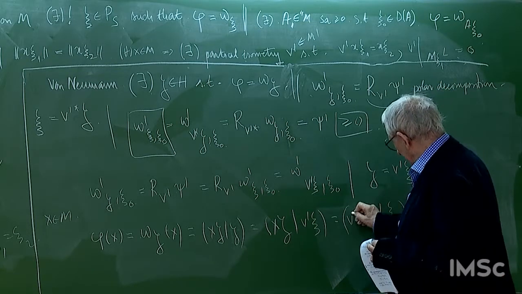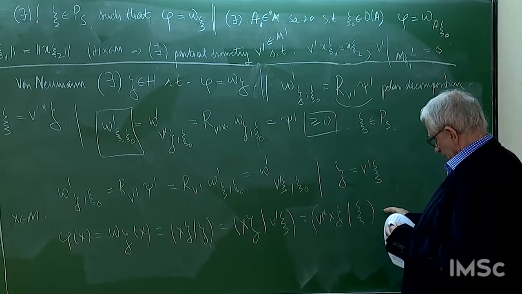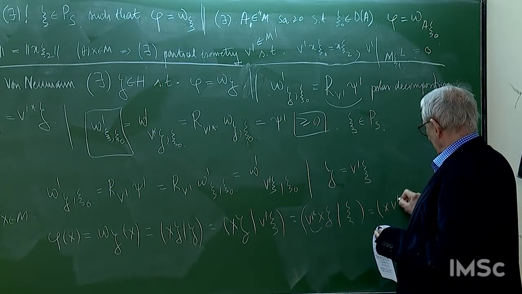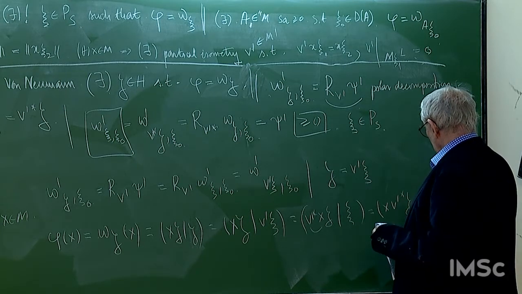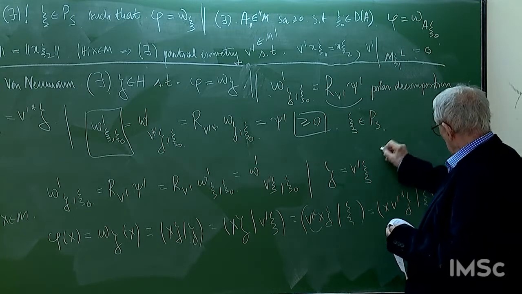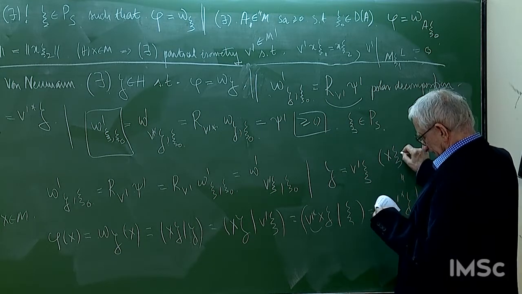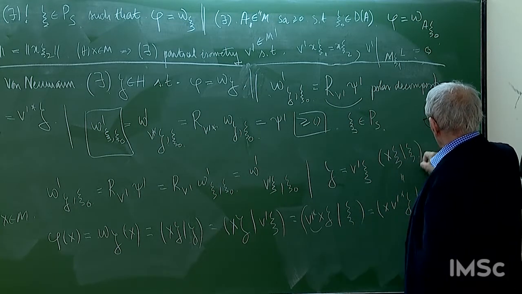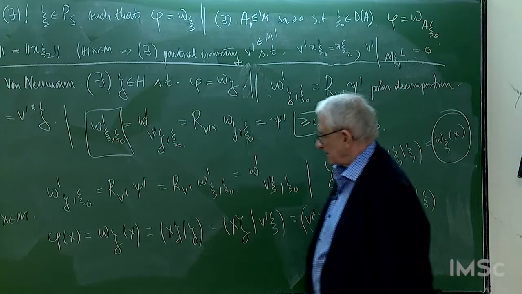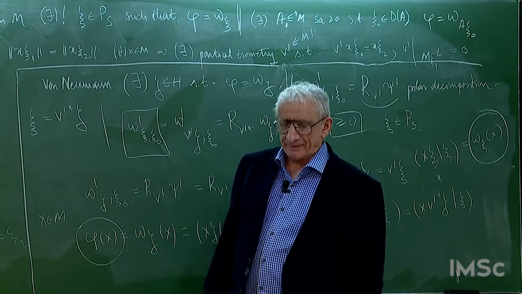I went with the V prime star. This is equal to, you have a commutation here, x V prime star of zeta xi. And this is equal to x xi xi, because xi was V prime star of zeta. Good. It's omega xi of x. And that's the proof of the lemma.